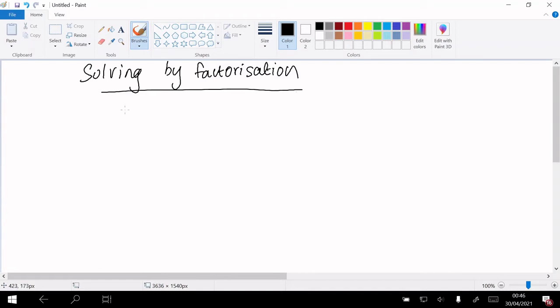So if I'm trying to solve something along the lines of x squared plus 3x plus 2 is equal to 0, of course the first step is to factorize. So factorize the quadratic.